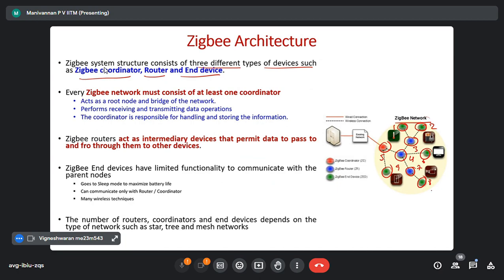And what is the distance between these two? Maximum 30 meters only, because they want to communicate with each other, because they formed a network. Okay. So the maximum distance is 30 meters. Worst case, sometimes I can go a few meters more, but officially only 30 meters is allowed.